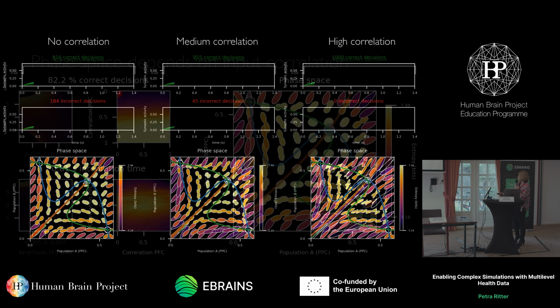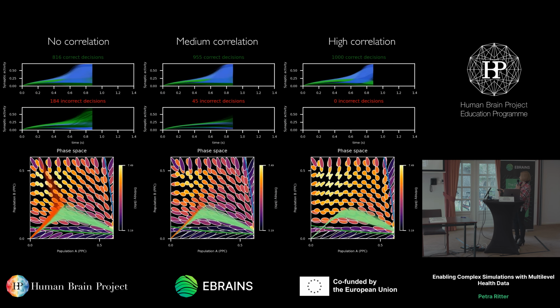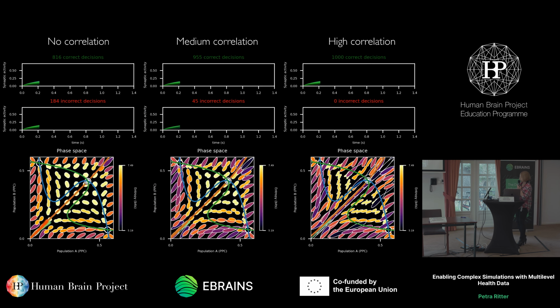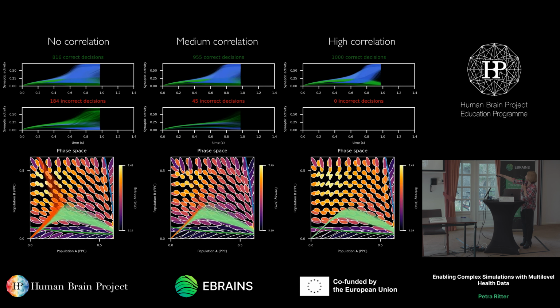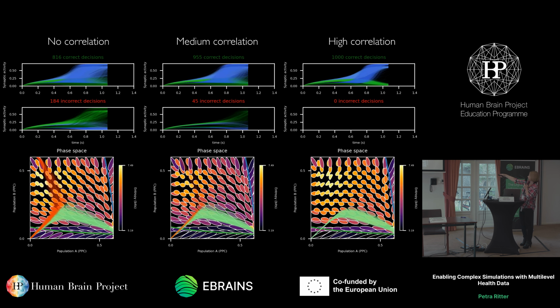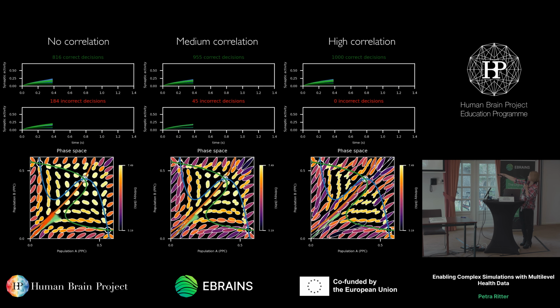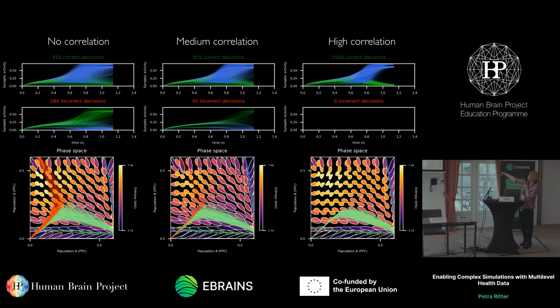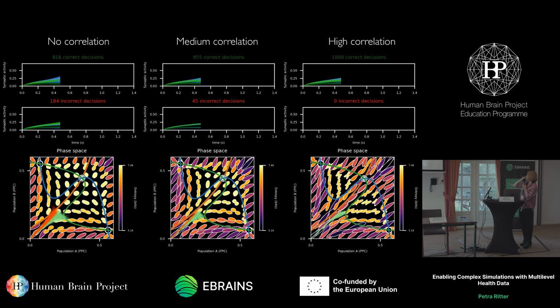What is the impact now on our simulations? This is shown here. Same scenario. We have no correlation, medium correlation, and high correlation. And in the upper plot, we see the correct decisions. In the lower plot, we see the incorrect decisions. We have 1,000 simulations.